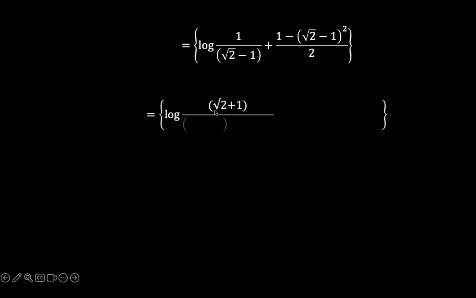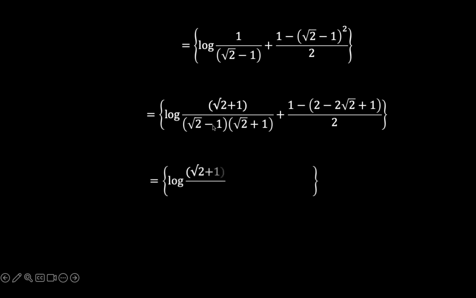And so multiplying both the denominator and numerator with the square root of 2 plus 1, we have log of the square root of 2 plus 1 over the square root of 2 minus 1 times the square root of 2 plus 1. And then when we expand this expression, we have 1 minus 2 root 2 plus 1. This plus this is 3.